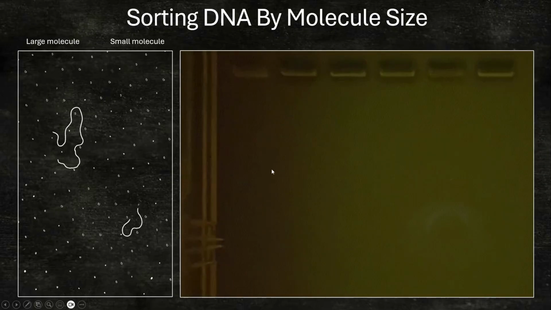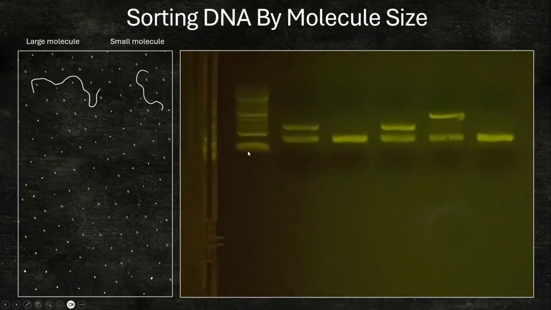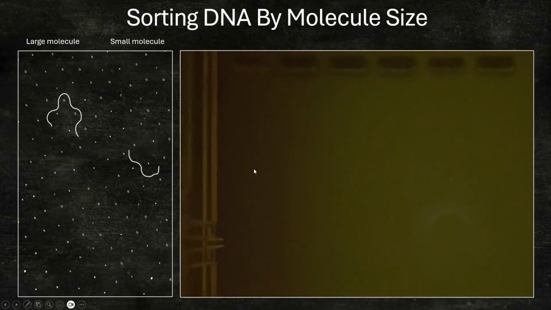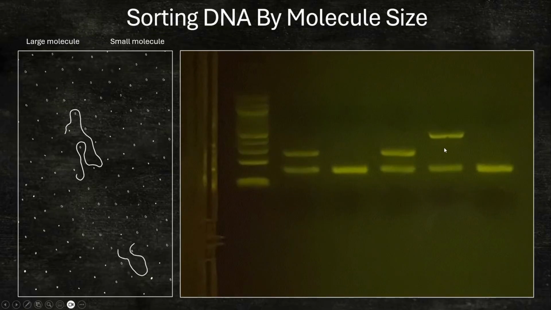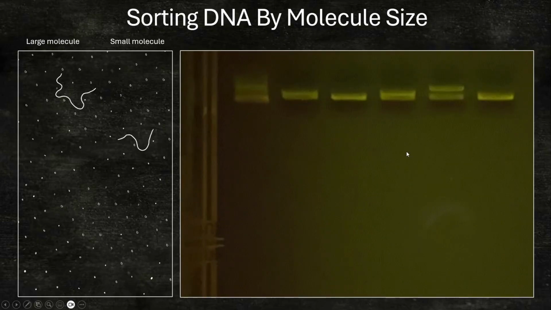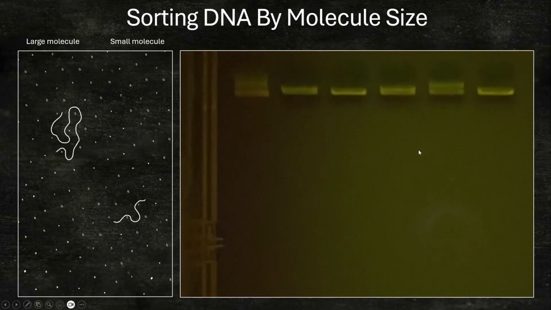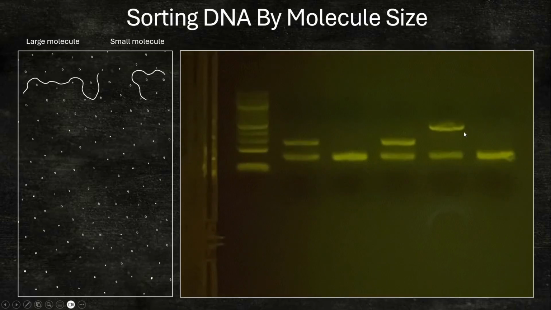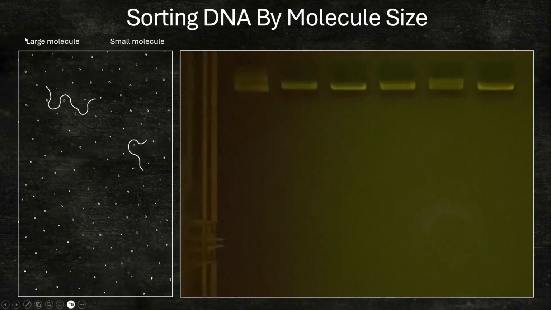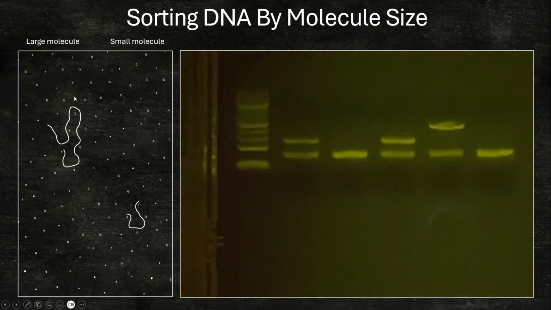So as we run the gel, you're going to see that different size molecules travel at different speeds. And so we're going to have bands that form of specifically sized molecules, that if you have a lot of one specific size, they're going to group together like this. This is basically what is happening inside that gel.